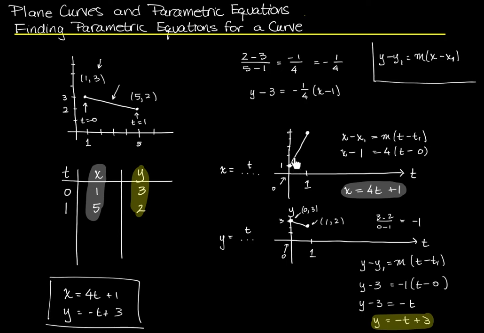So while I'm looking at a vertical change on this graph, I'm looking at a horizontal change on this graph. That's why it's kind of tricky. But if you just think about the values here, what is x doing? It's going from 1 to 5. What is x doing across t, across the entire graph? It's going from down here at 1, up to 5.